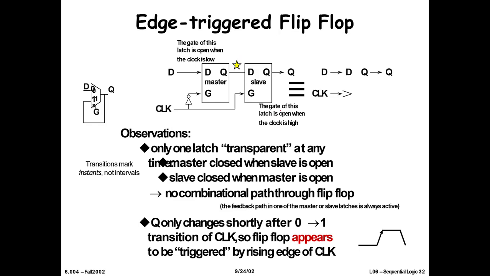Based on the same principle, we can design what is called an edge-triggered flip-flop. An edge-triggered flip-flop is basically a combination of two D-latches. One is called the master D-latch and the other is called the slave D-latch. The important thing to note is that both are connected to a clock signal, but the master is connected to the clock signal with an inverter.